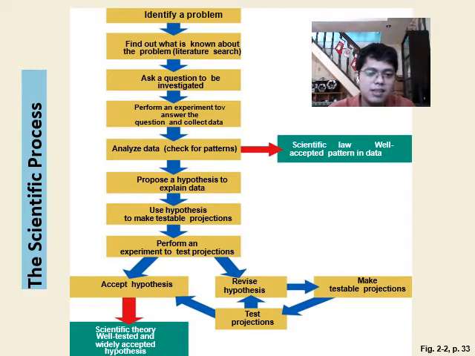So it's not necessary that we follow all these steps in the scientific process, because some scientists do proceed with proposing a hypothesis, and they test that hypothesis and then perform an experiment, and if it's accepted, then it becomes a scientific theory. So it's not necessary that we follow these steps, but these are the features of the scientific process.